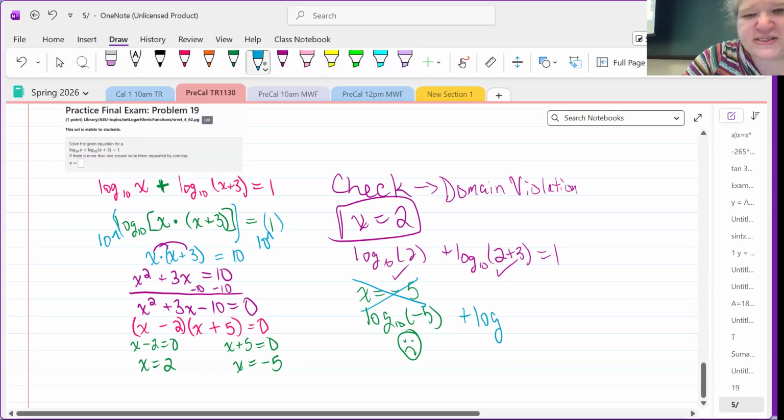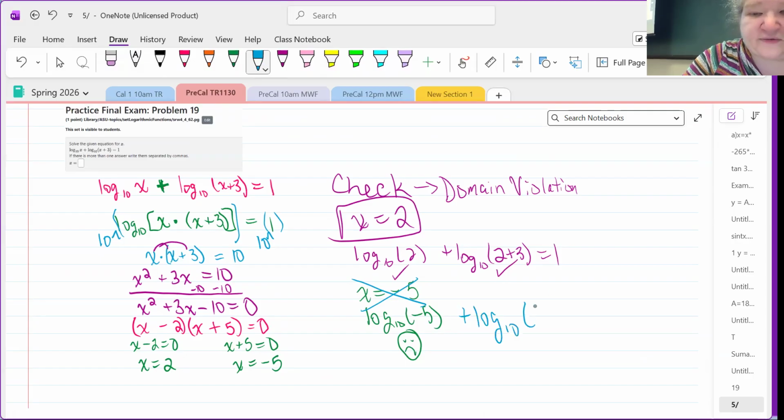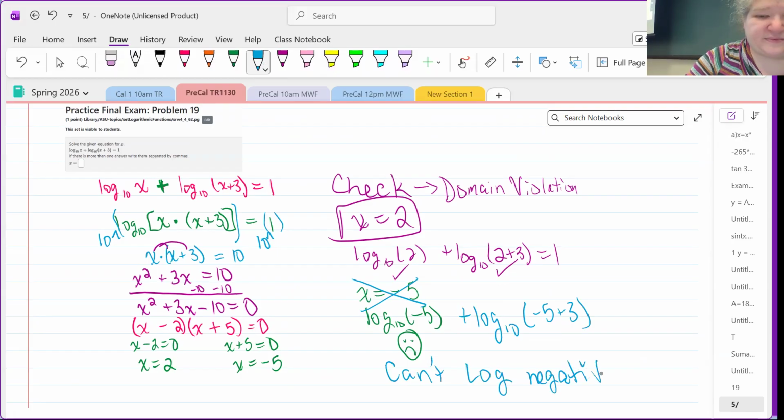Like if I finish this, log base 10 of -5 plus 3, that's log base 10 of -2. Also negative, also a problem. Can't log negative numbers. So that's why I'm throwing out -5.